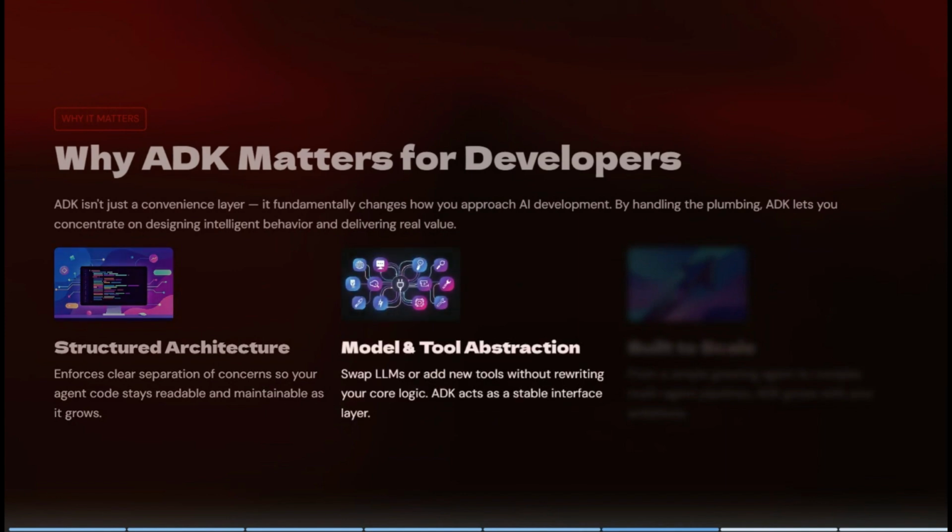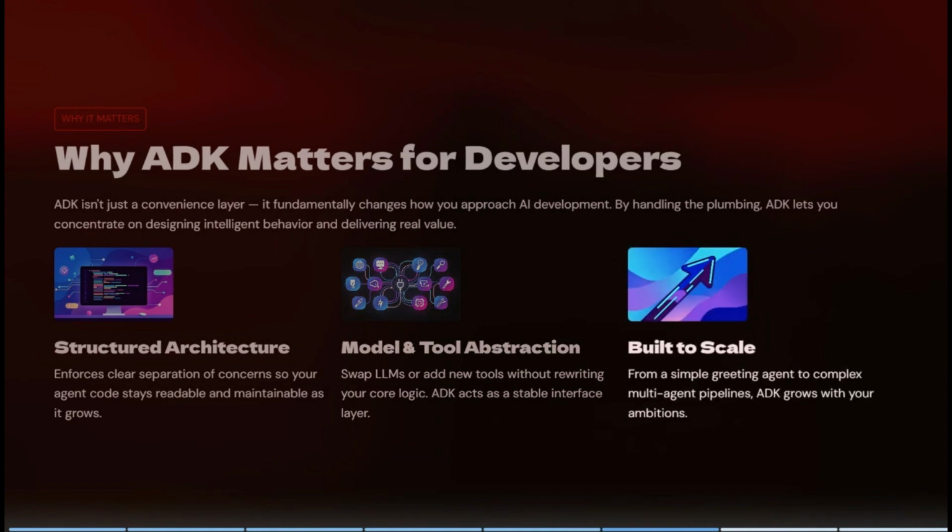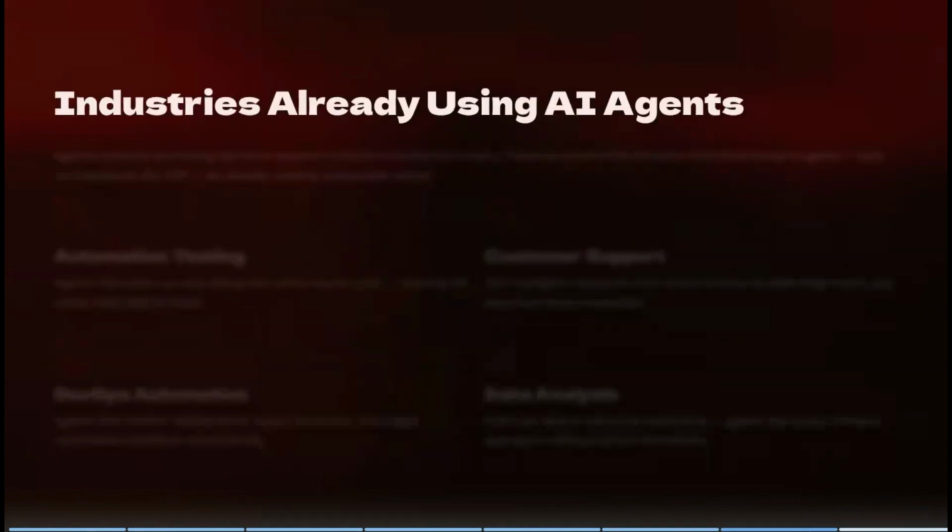It has model and tool abstraction, so that we can use as many models as required whenever we are invoking a particular tool. We can change the models also, and it is built to scale. We can deploy it anywhere. Since it is developed by Google, it is widely accepted by a lot of companies worldwide.